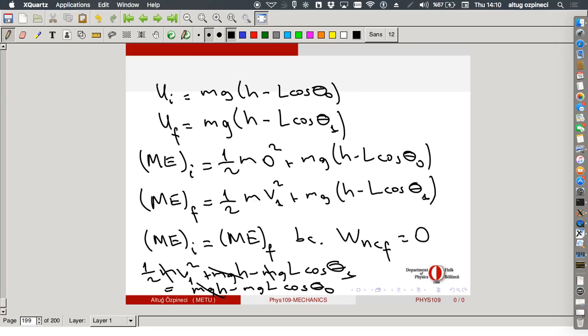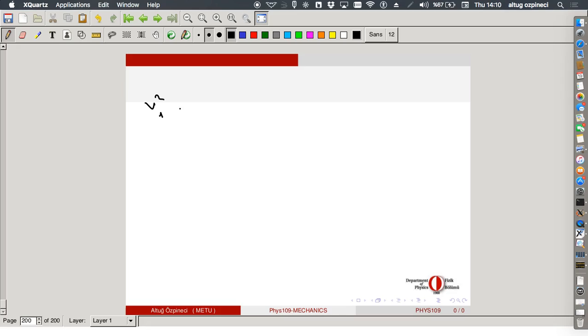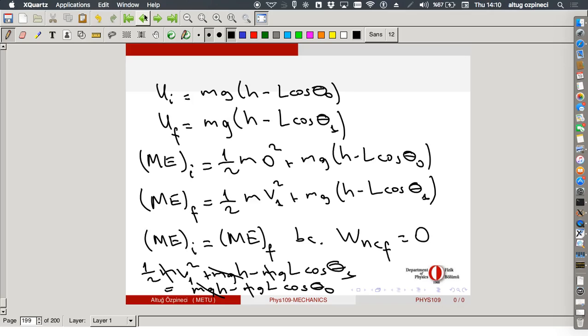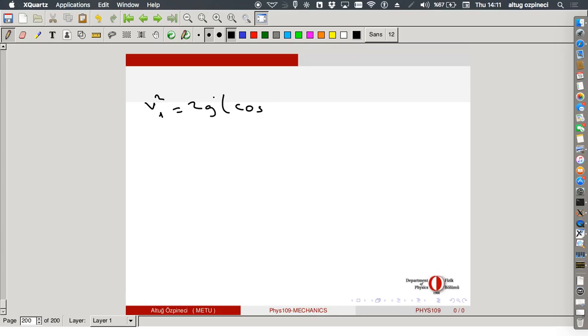We can even cancel the masses. They are common. So v1 squared equals 2gL times cosine theta 1 minus cosine theta 0.